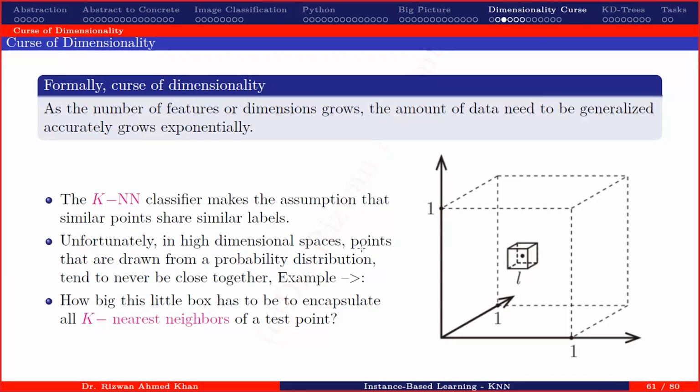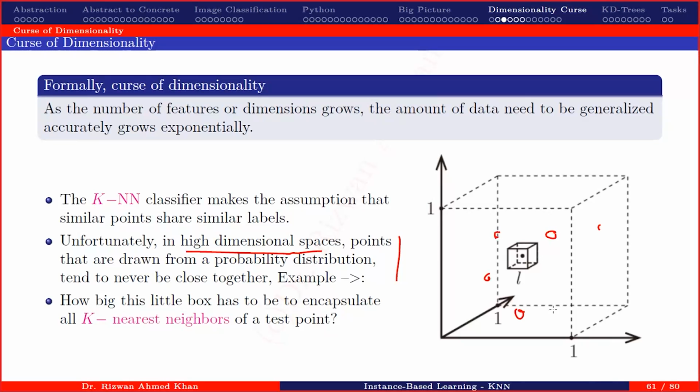Unfortunately, in high dimensional spaces, let's say if we have a high dimensional feature vector, points that are drawn from a probability distribution tend never to be close. This is kind of counterintuitive to how we visualize the 3D world. Let's say this is an example of a cube in 3D, and we can see that if we draw points randomly, they could be at different positions.